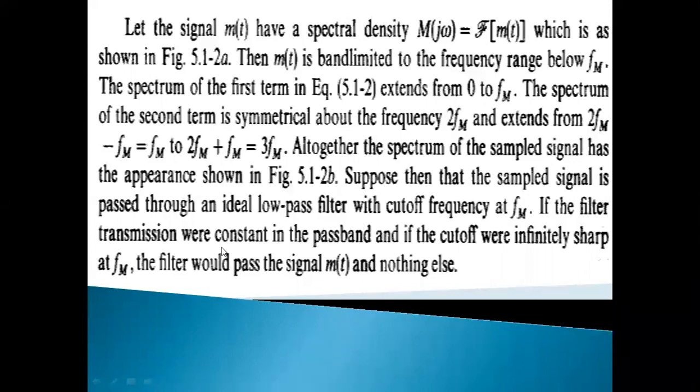If the filter transmission were constant in the pass band and if the cutoff frequency were sharp at FM only, the filter would pass the signal M of t and nothing else. So when the filter has a sharp cutoff frequency at FM, the signal is passed through the low pass filter. Otherwise, it is not.